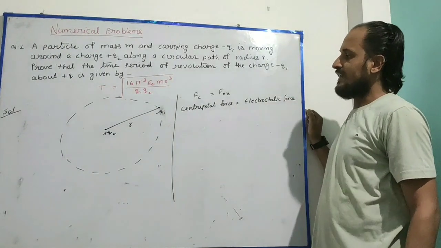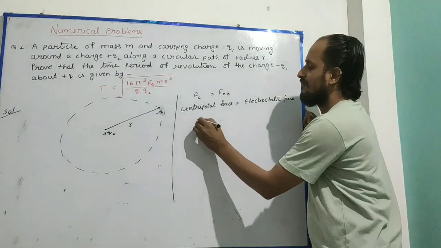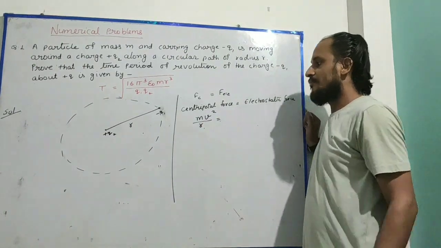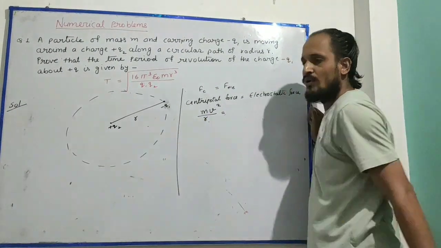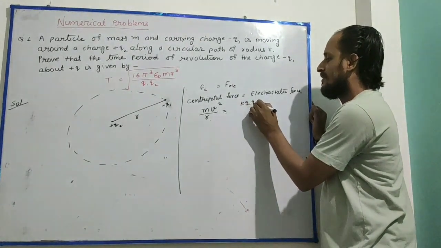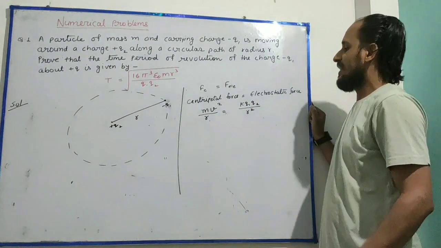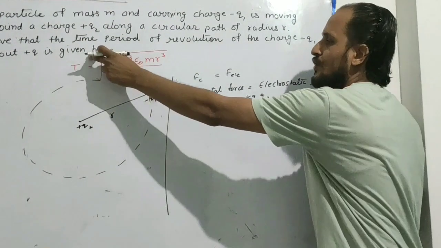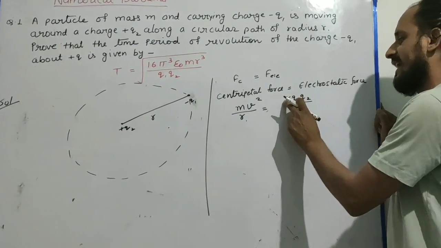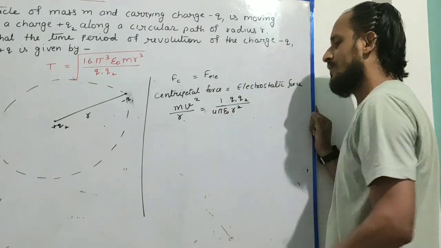Clear? Now we know that centripetal force acting between these two charges is equal to m v square upon r, and the magnitude of electrostatic force acting between these two charges is equals to k q1 q2 upon r square. But we want to prove the relation, and in the relation we need epsilon naught. So instead of k, we will put 1 upon 4 pi epsilon naught.